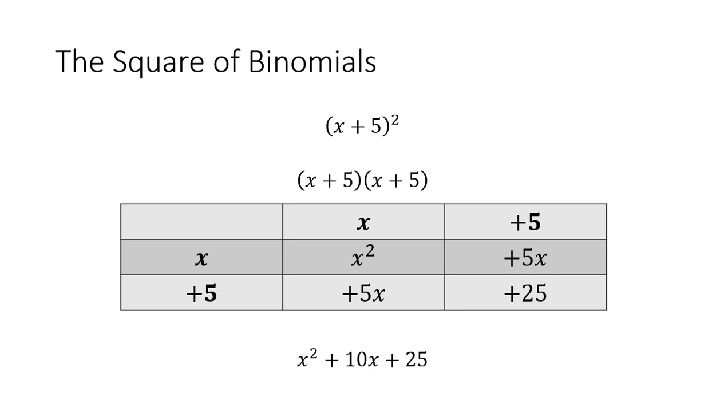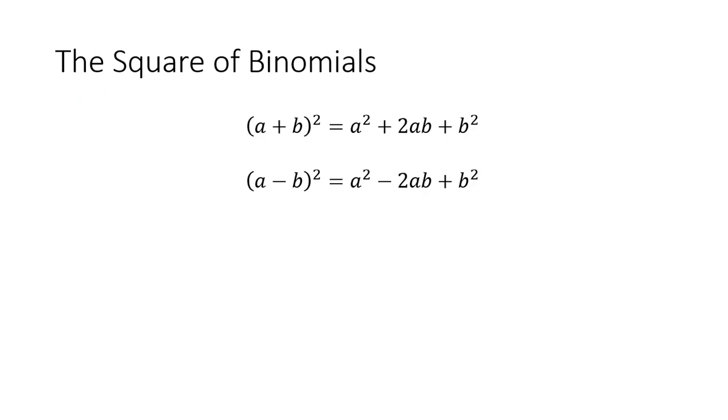Now, if we do this with any binomial, x plus 6, let's say, and we're squaring that, the same thing is going to happen. We're going to have an x squared, but in the middle we're going to have a 12x, and the last part's going to be 36. So when we're squaring a binomial, we end up with a shortcut.